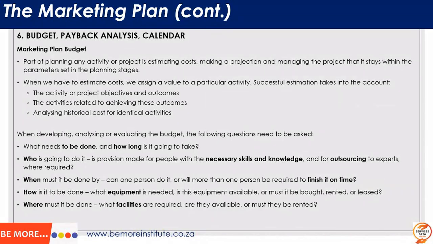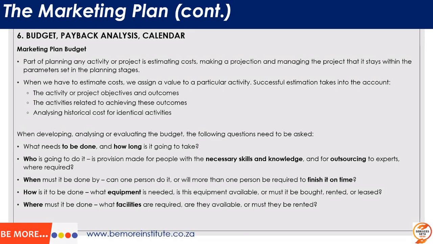Like we spoke about the various types of marketing, including adding samples. All those things cost money, and also making sure that you have the necessary people to actually do the marketing for the company. So it's another thing that we take into consideration.